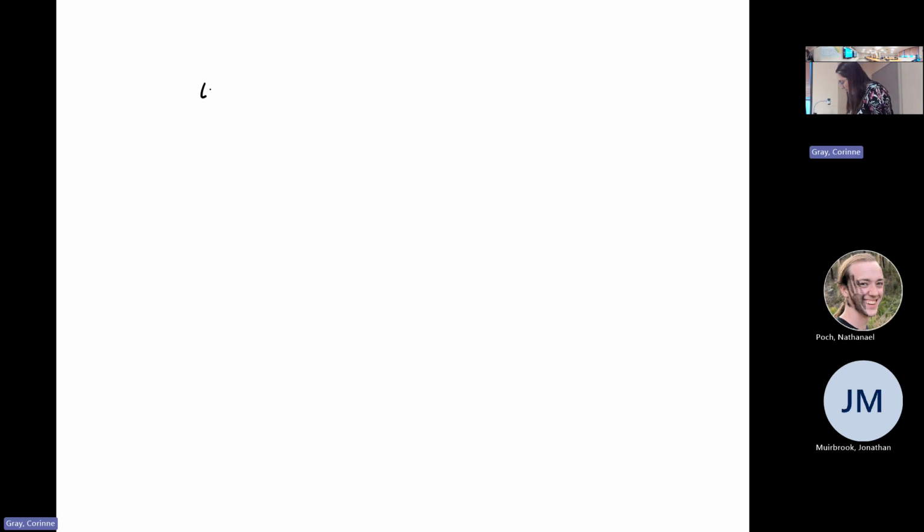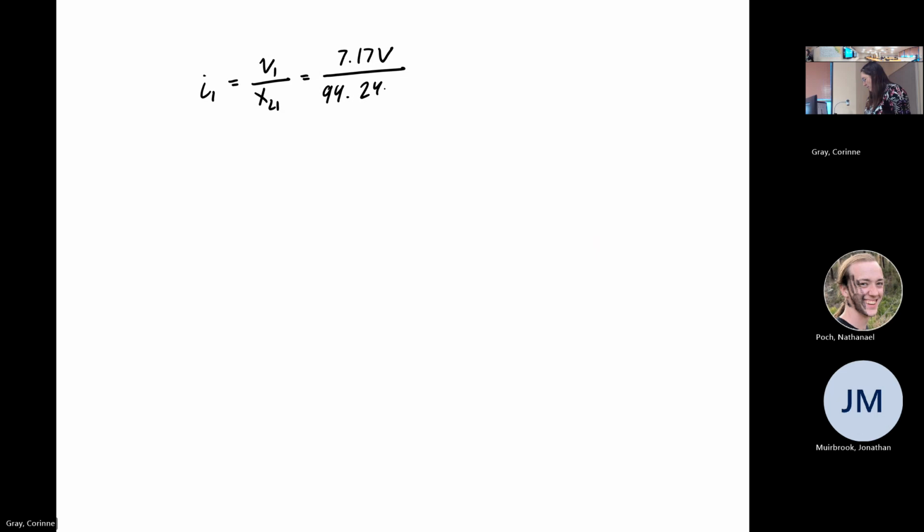All right, so the instantaneous current through one is going to be V1 over XL1, so our 7.17 volts, technically with extra sig figs, divided by the reactance of inductor one. And if we plug it in as it is, our answer is going to pop out in amps.